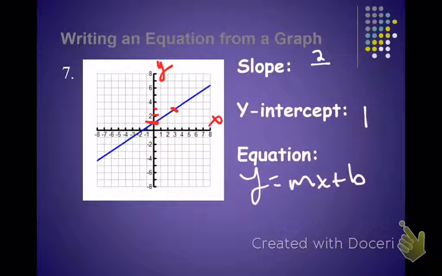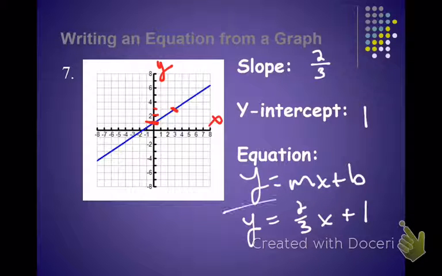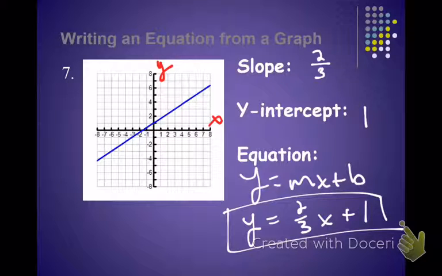And then you have to run 1, 2, 3. And so your run is +3 since you're going to the right. Now you have your slope and your y-intercept. You can go write your equation. y equals, slope is always the coefficient on x, and the y-intercept is always the constant out here. And so there's the equation for this graph.